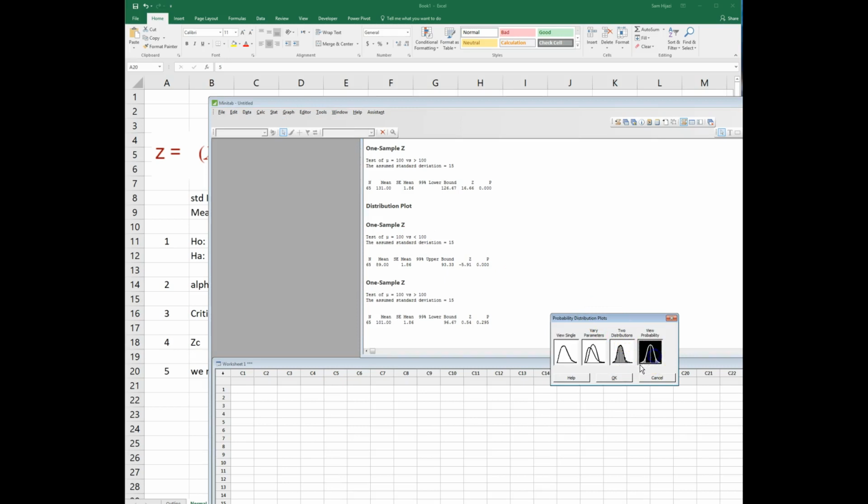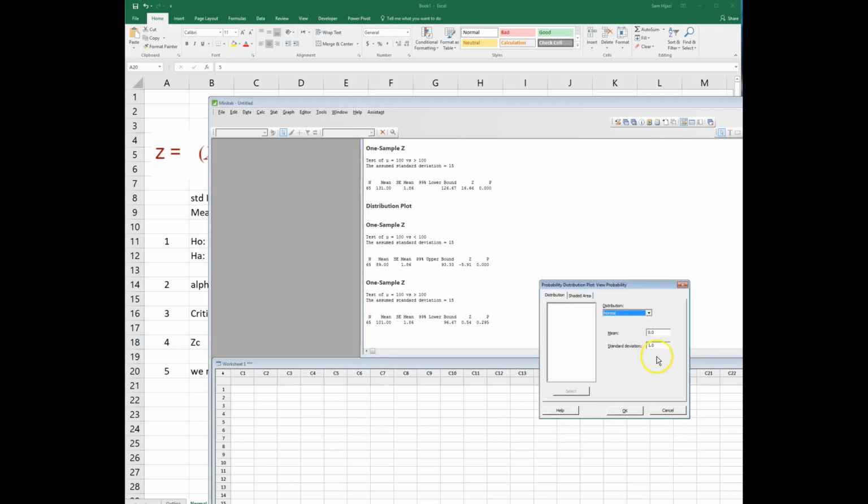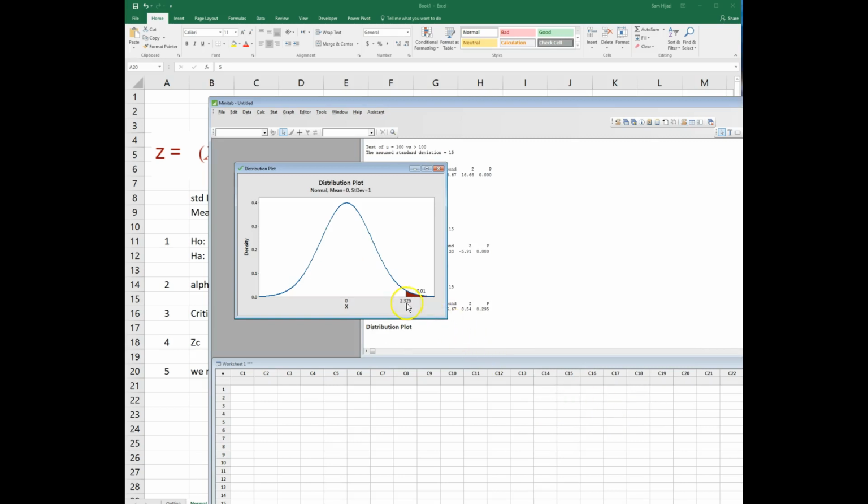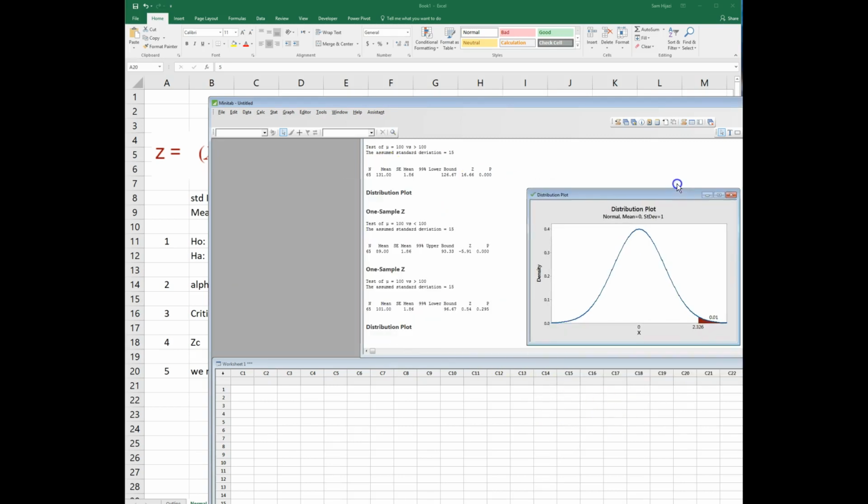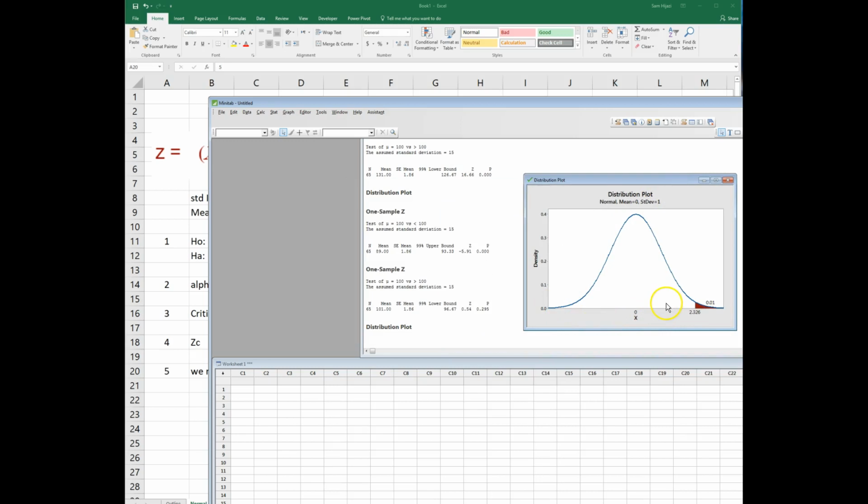The standard normal area here is greater than, still the same probability. It's going to give me 2.33. If you take a look here, the z-score 0.54 is way to the left of it. So it's not even touching the rejection region, and the p-value is way bigger than 0.01.